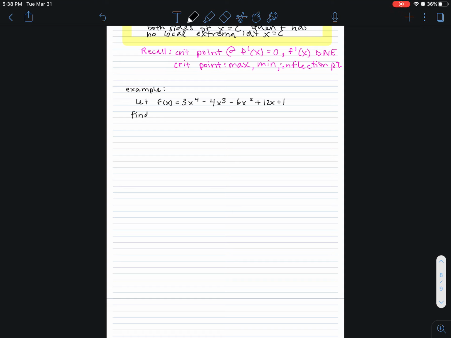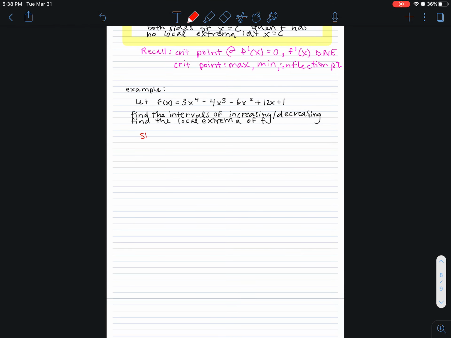Okay, so I want us to find the intervals of increasing and decreasing like we did last time, and also find the local extrema of our function f.